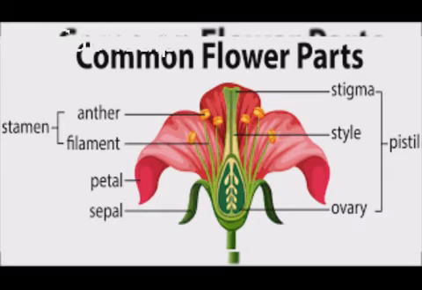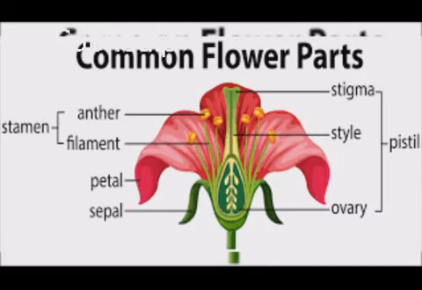Based on the presence and absence of male or female reproductive parts, flowers are again classified into two types. Bisexual flowers are those which possess both the male part, androecium, and the female part, gynoecium.